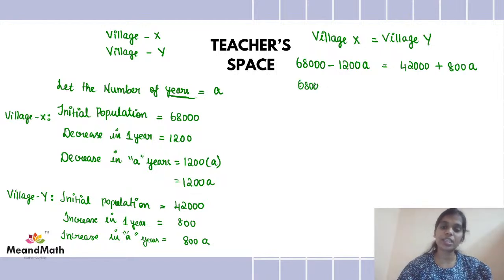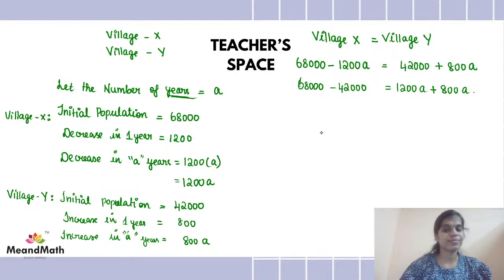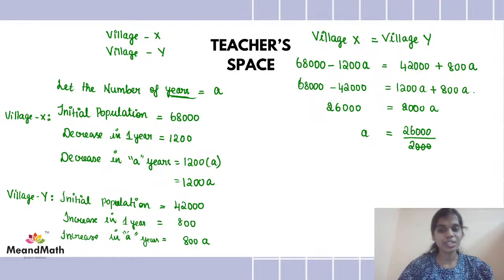So 68,000 minus 42,000 equals 1,200A plus 800A. 8 minus 2, 6. 26,000 equals 2,000A. To find A, A equals 26,000 divided by 2,000. The zeros cancel.